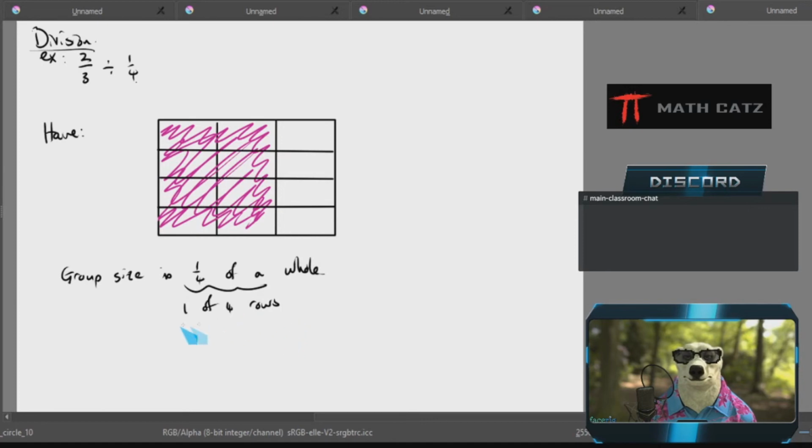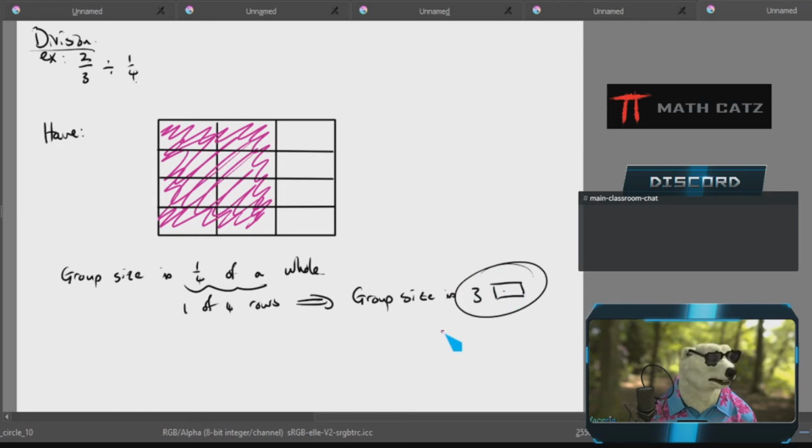Yeah, I do need to see the rows so that I can see my group size. Group size is 3 pieces. Okay, 3 pieces. All right. 1 of the 4 rows in a whole rectangle, 3 pieces.